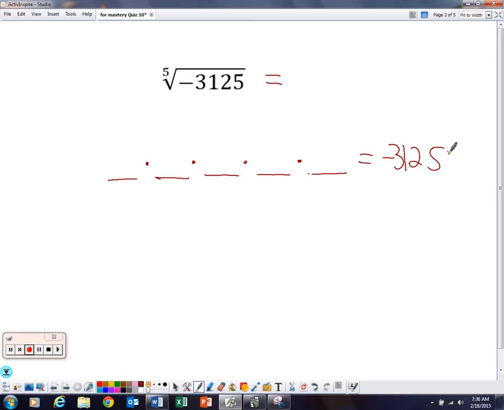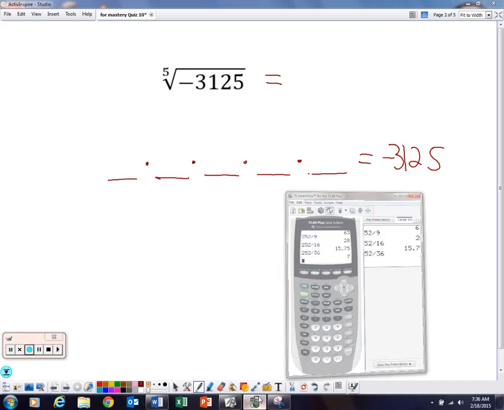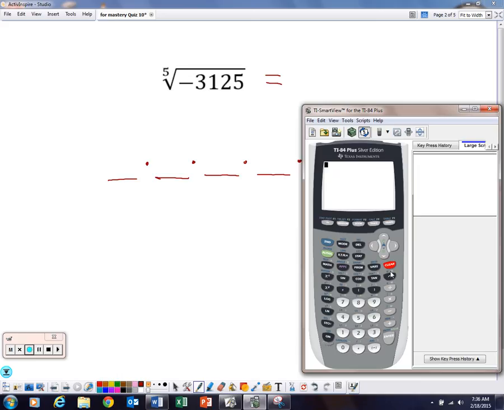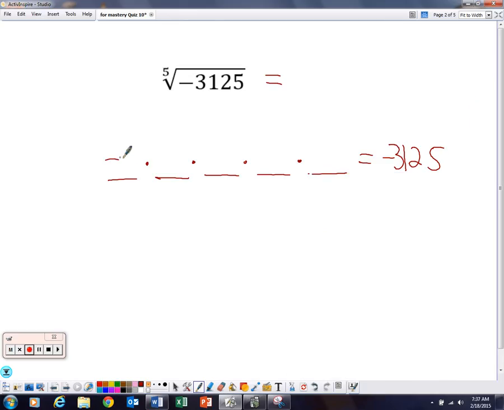Well, it ends in a 5, so I'm guessing it's probably going to be a 5. Let's see if that works. Negative 5 times negative 5 times negative 5 times negative 5, that's 4 of them, times negative 5. Yep, it's negative 3,125.